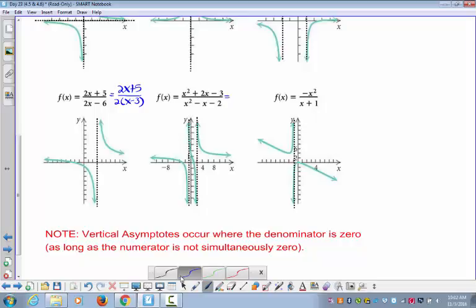This one here, if we factor the denominator and the numerator, there are no common factors, so the zeros of the denominator are vertical asymptotes at -1 and +2. And then a vertical asymptote over here at -1.